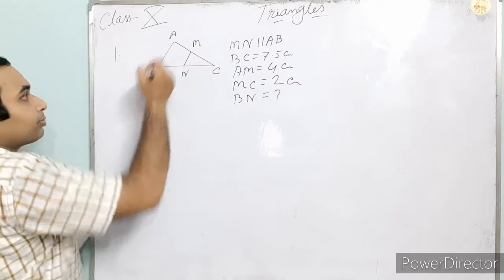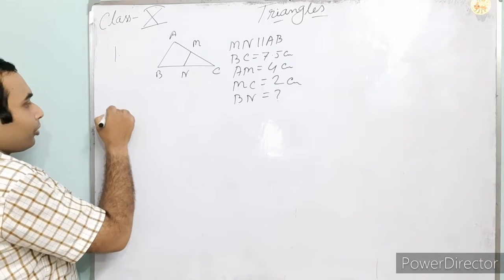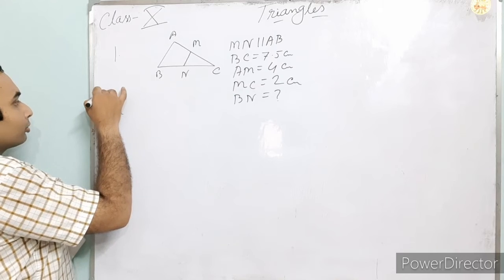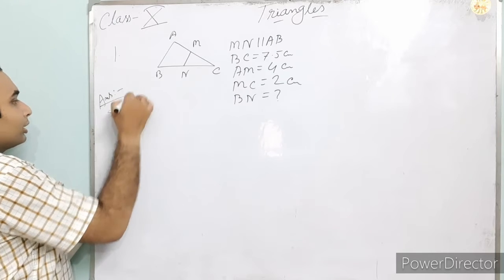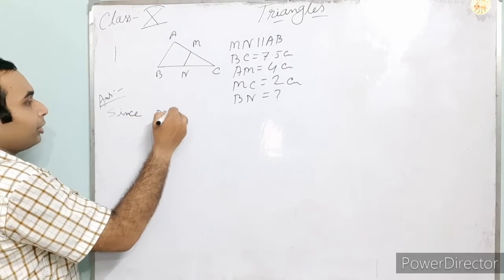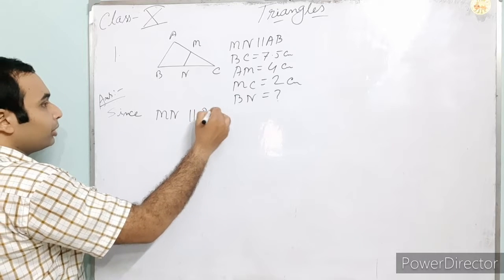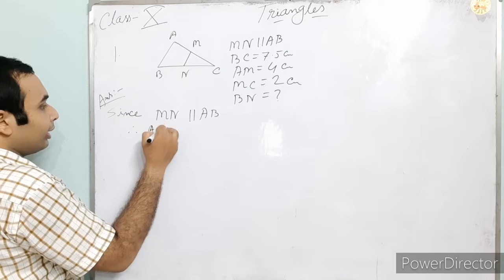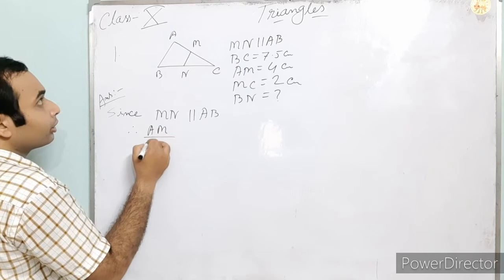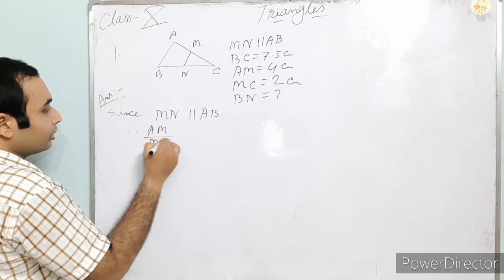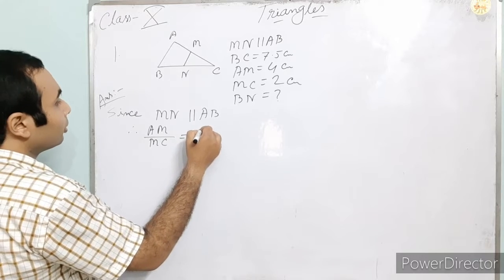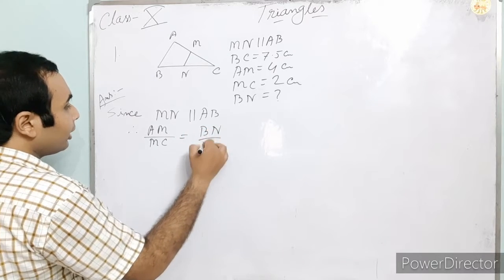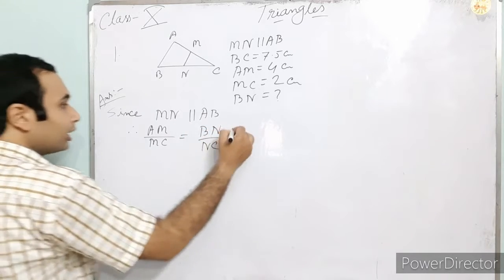Since MN is parallel to AB, obviously AM by MC equals BN by NC according to the Thales theorem.